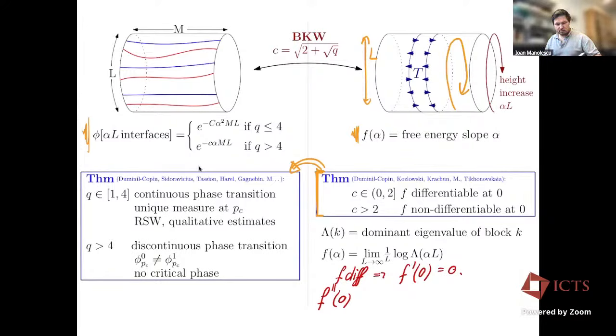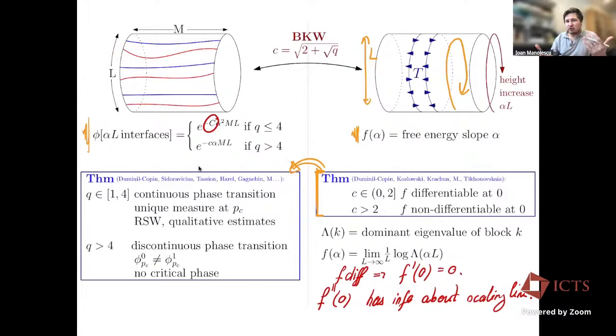And f second of 0 has information about the scaling limit, or should have information about the scaling limit. In Fk, I remind you that this f second corresponds to this constant here, which is the price to pay for having these many interfaces. And it should somehow be related to a probability of crossing. It's not explicit, but it should.